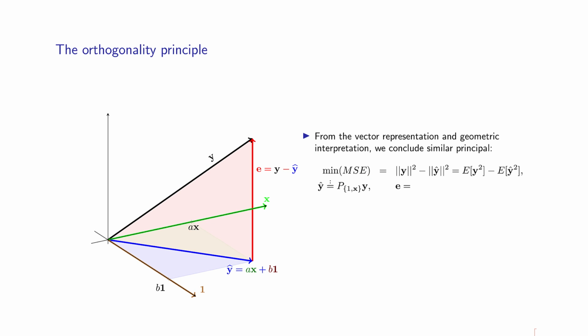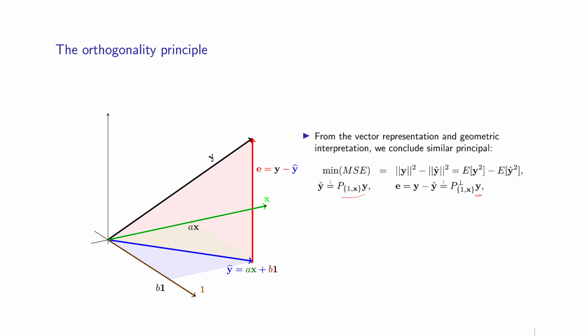So this means that y hat is the projection of y over the hyperspace of the input data, and the error is the orthogonal projection of y over the input data. You see that this point is the closest point to y.